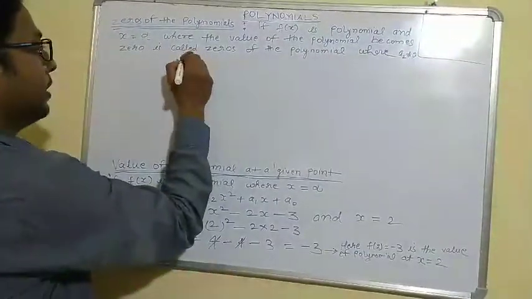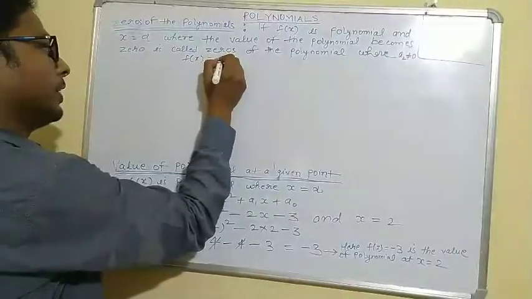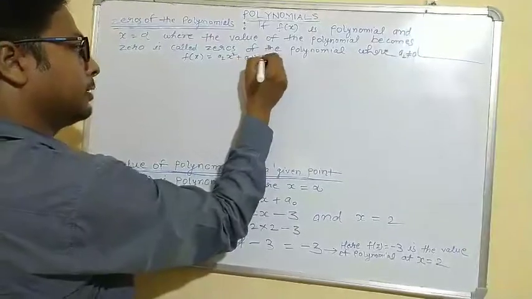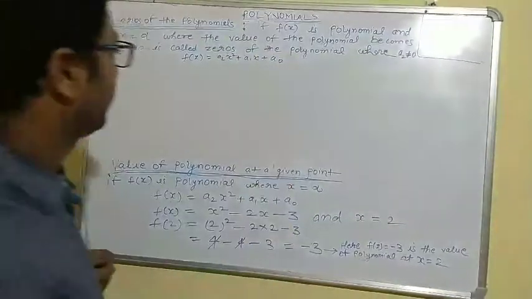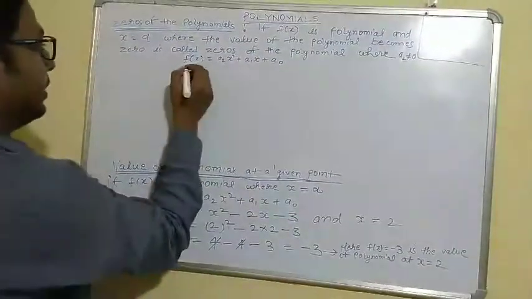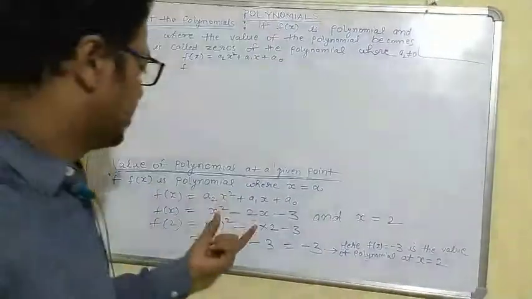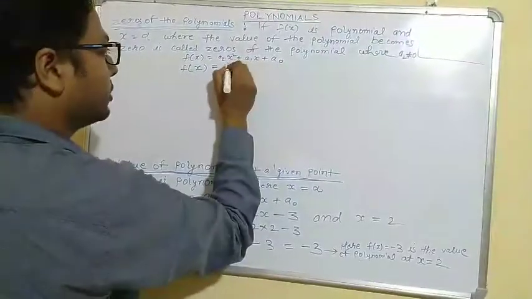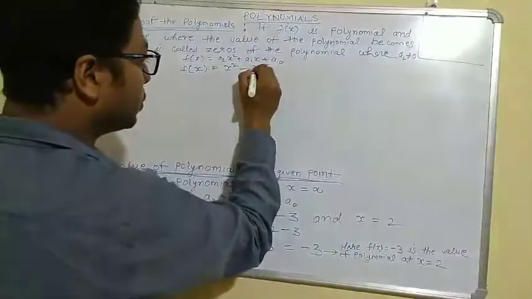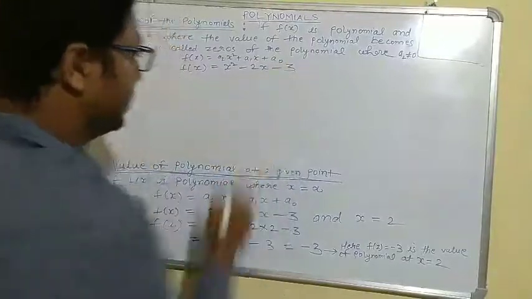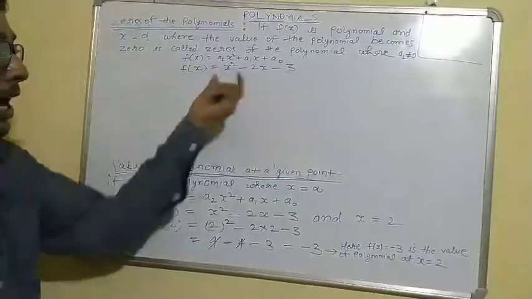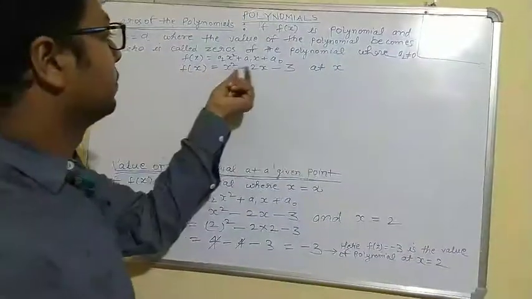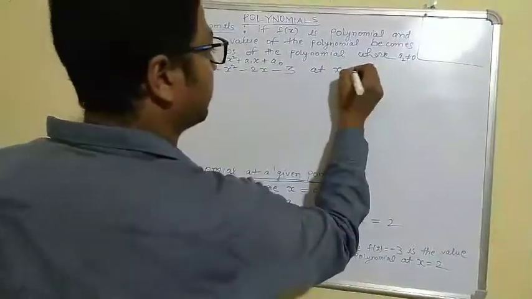Let us take an example: f(x) equal to a2x square plus a1x plus a naught. Taking the same example, f(x) equal to x square minus 2x minus 3 at x equal to minus 1.